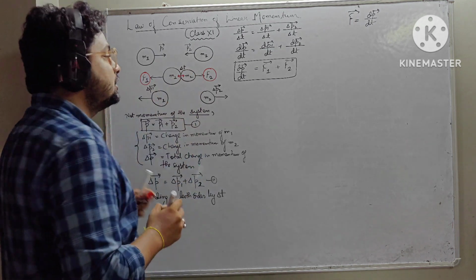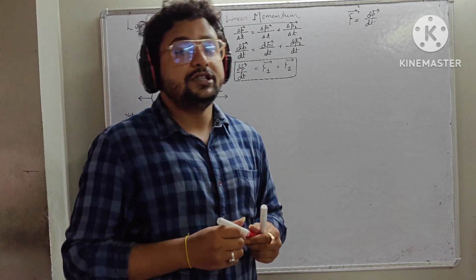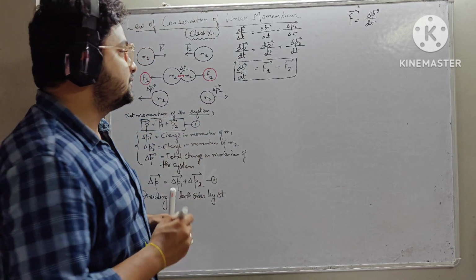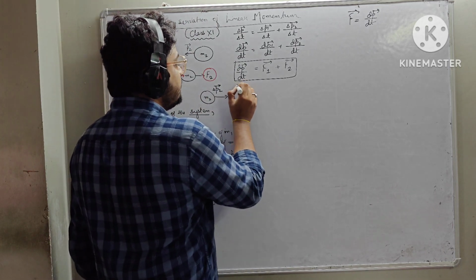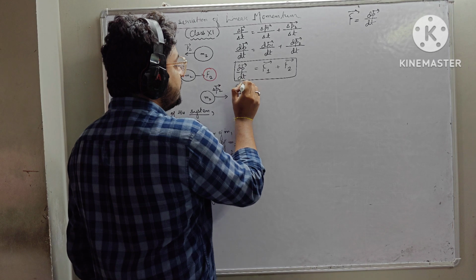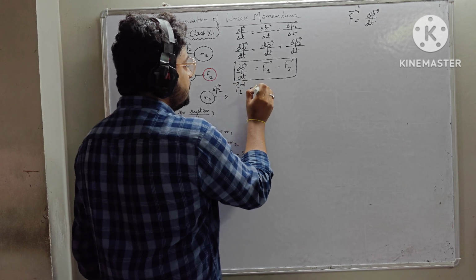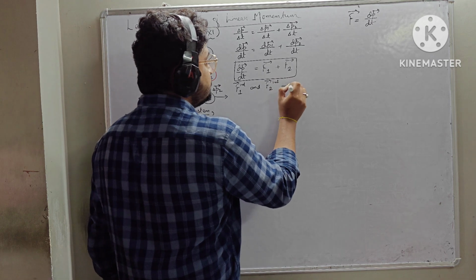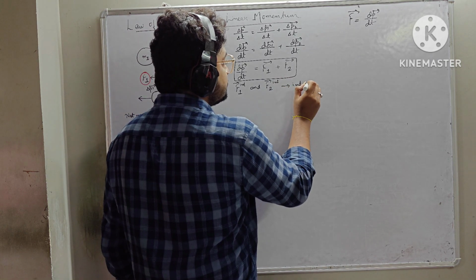So both the bodies exert a force on each other, and those two forces are known as the internal forces. Here I am considering those two forces as F1 internal and F2 internal. So these two are the internal forces.